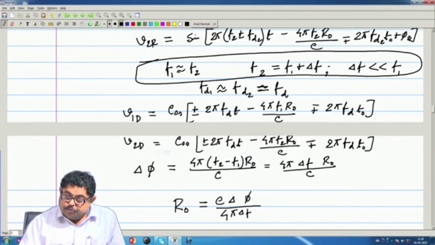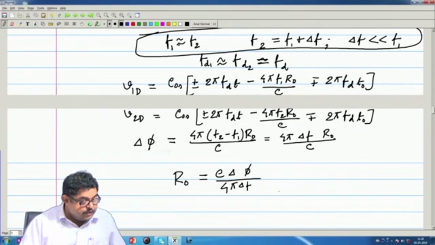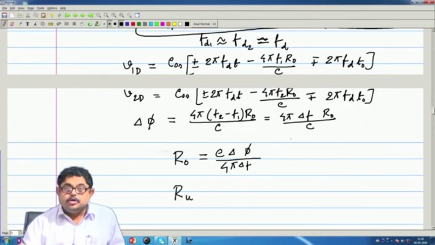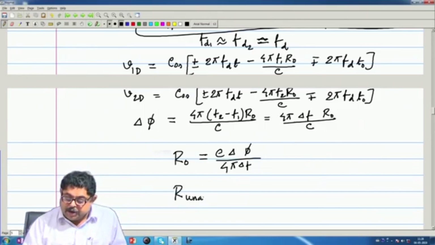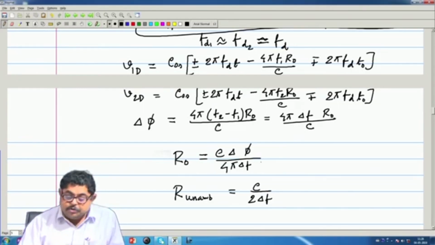Now, what is my unambiguous range? If I put the restriction that the phase is less than 2π, R unambiguous is c/(2Δf). So, you see, instead of λ/2, just by using two different frequencies I can do the measurement.